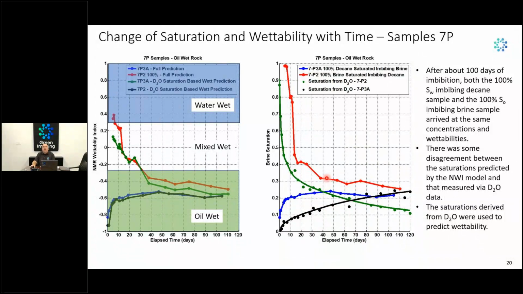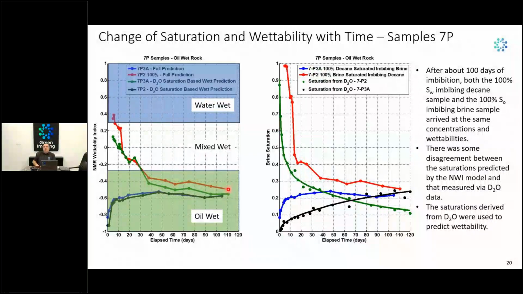And when you do that, you see this discrepancy on the order of 10% in the saturation didn't have much effect on the wettability. The wettability determined from either the D2O saturation in green or black versus the wettability predicted from the NMR data alone all agreed pretty well and said this was an oil wet sample with a wettability X near 0.5.